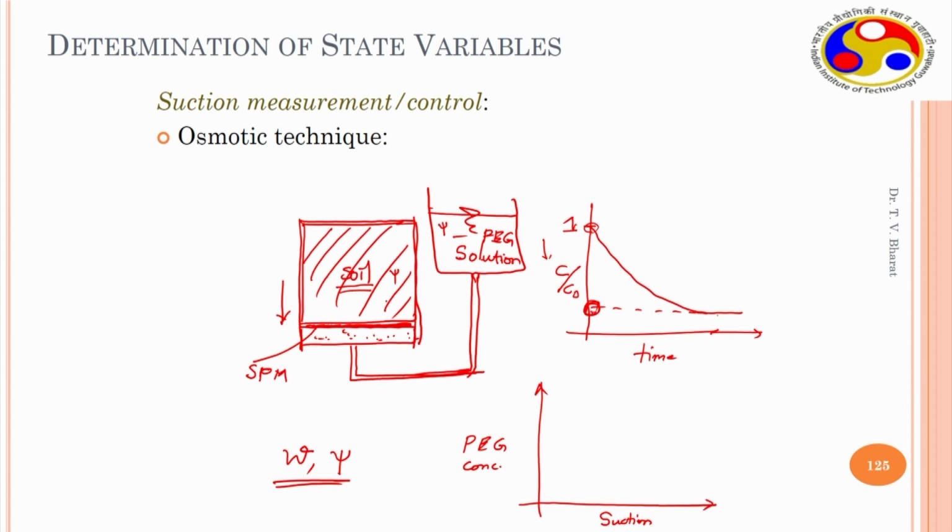Therefore, measuring the PEG solution concentration as well as the suction or chemical potential would help in establishing the suction value within the soil mass. Here also we are actually controlling the suction, we are not measuring the suction. By changing the PEG solution concentration, we are setting the suction value. By knowing the suction value and weighing the soil, we get the water content versus suction that could be established. But this suction is again total suction.